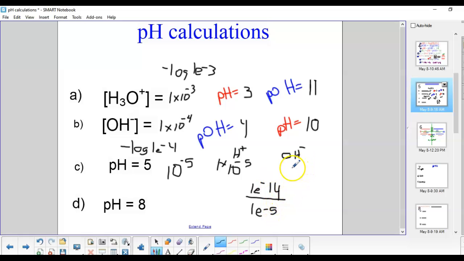And so you're going to get 1 times 10 to the minus 9. Right? Here we'll have a hydronium concentration of 1 times 10 to the minus 8 and hydroxide, 1 times 10 to the minus 6. Notice these two add up to 14.